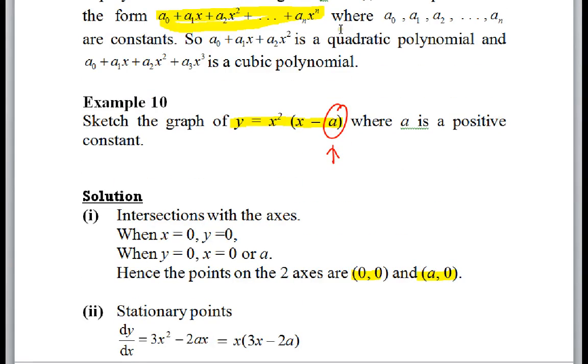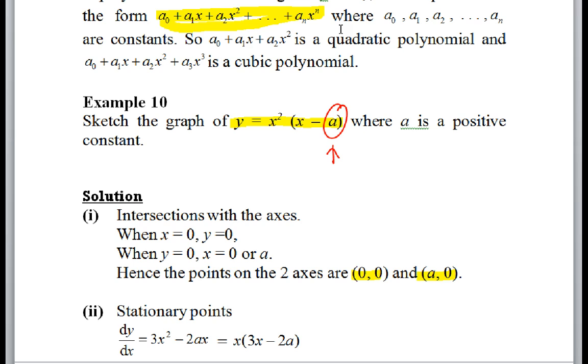Can I have attention, please? Look up. Don't look at your notes. When you have a constant a, you cannot use GC to find intercepts, and cannot use GC to find stationary points.